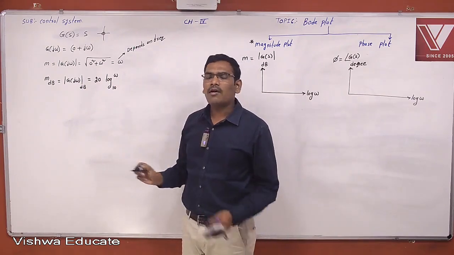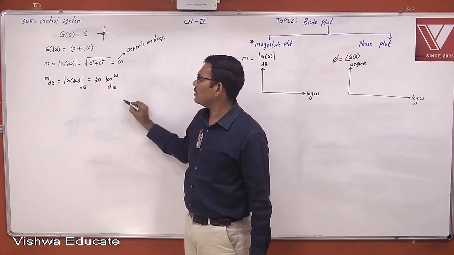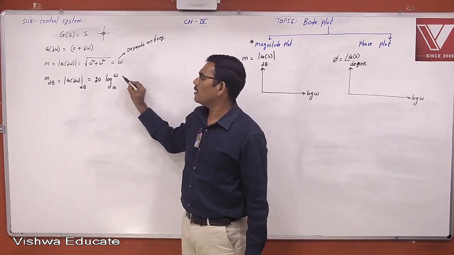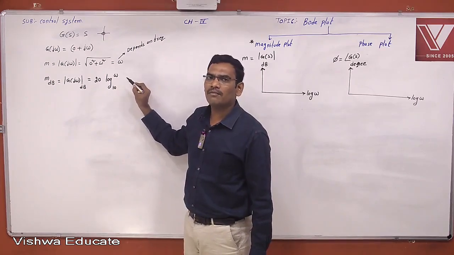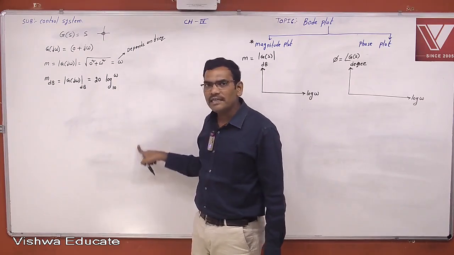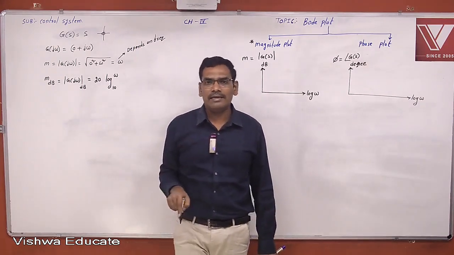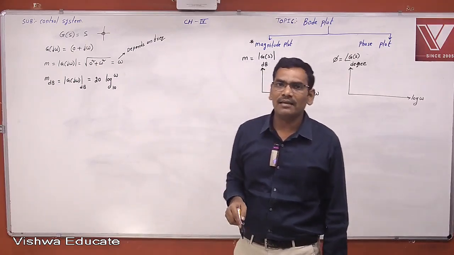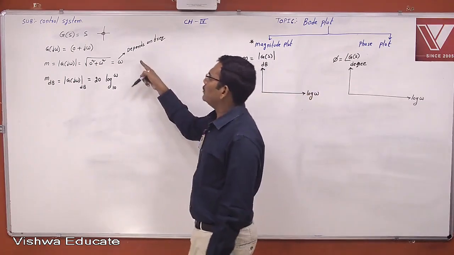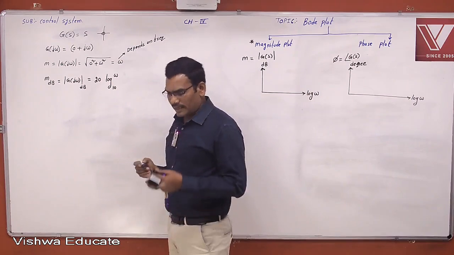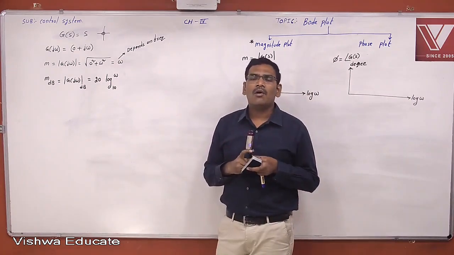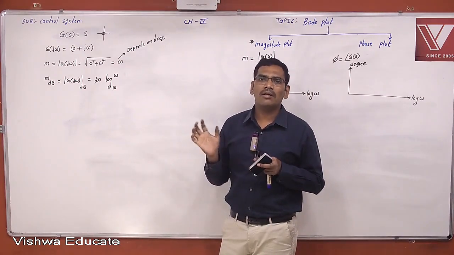If you consider all the positive frequencies from 0 to infinity, then omega 0, omega 1, omega 2, omega 3, omega 4, omega 5, like that, infinity frequencies are available and infinity magnitudes are calculated. Is it possible practically? No. It is not possible to calculate all the magnitudes by substituting all the frequencies.